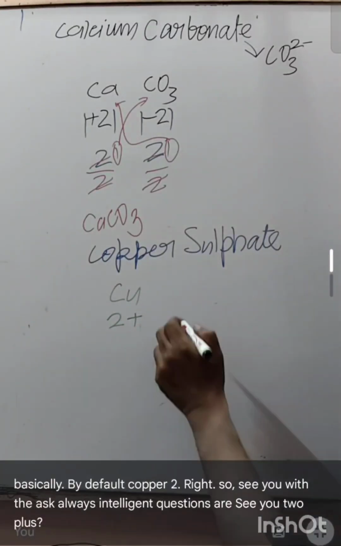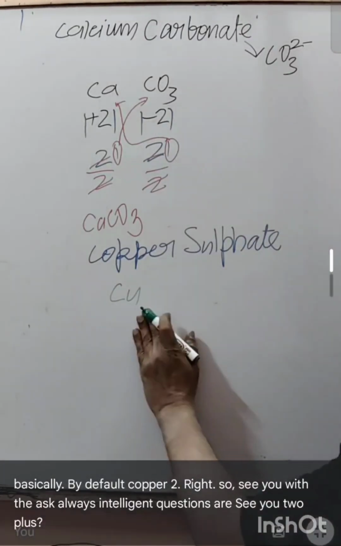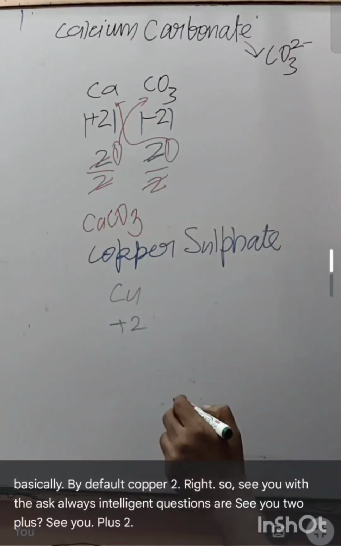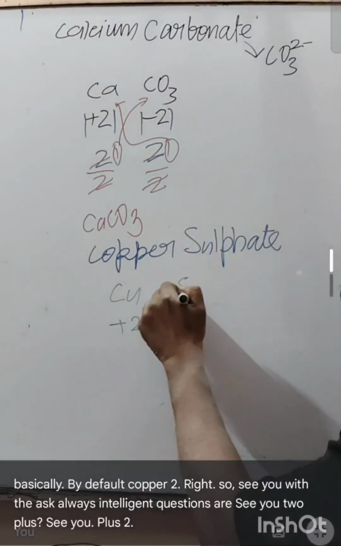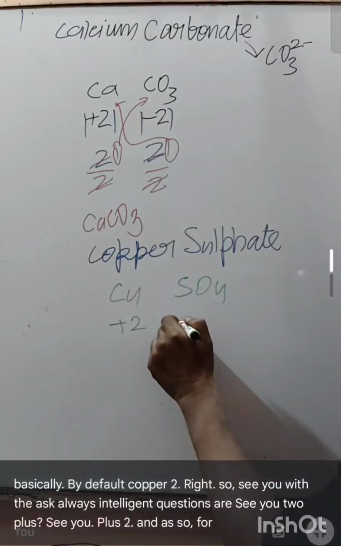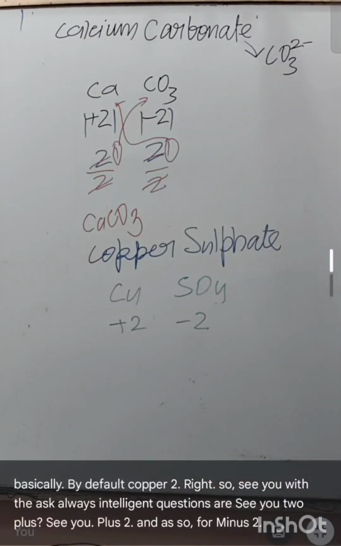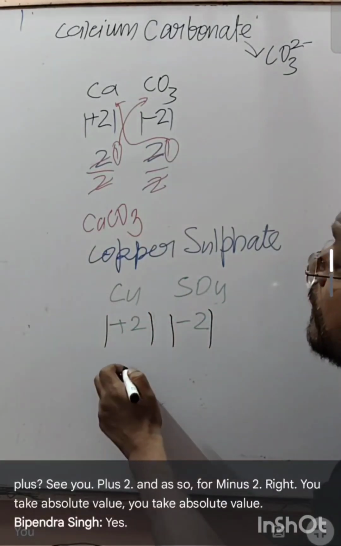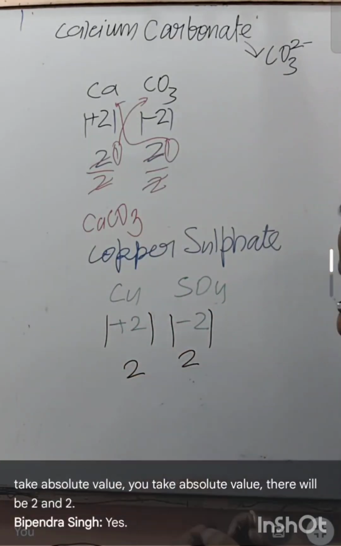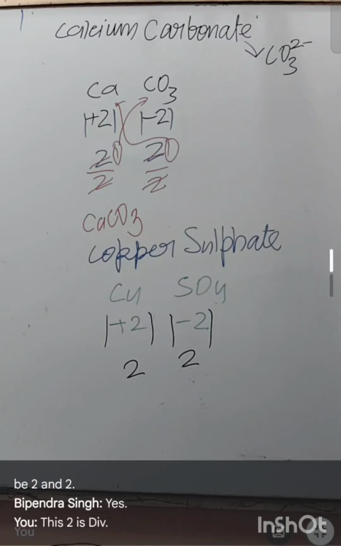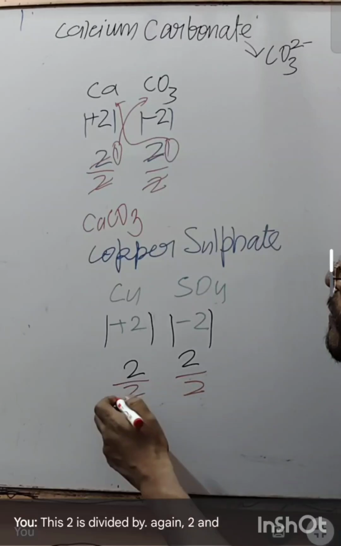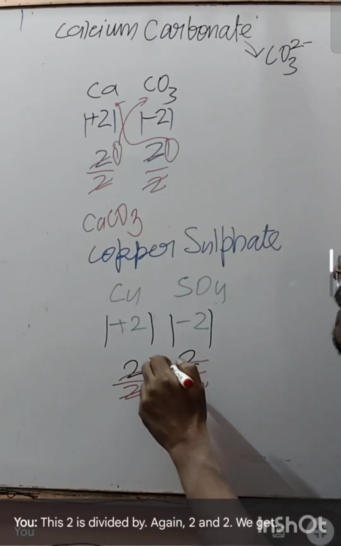Cu plus 2 and SO4 minus 2, right? You take absolute value, there will be 2 and 2. This 2 is divided by again 2 and 2, we get 1.